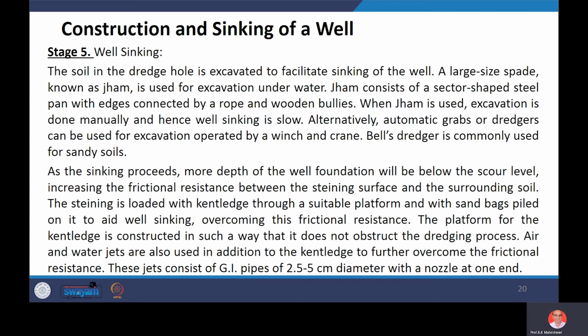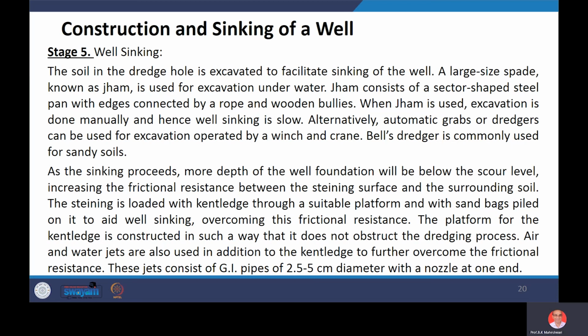As the sinking proceeds, more of the depth of the well foundation will be below the scour level, increasing the frictional resistance between the staining surface and the surrounding soil. The staining is loaded with what is called the kentledge through a suitable platform, and with sandbags piled on it to aid well sinking, overcoming this frictional resistance.